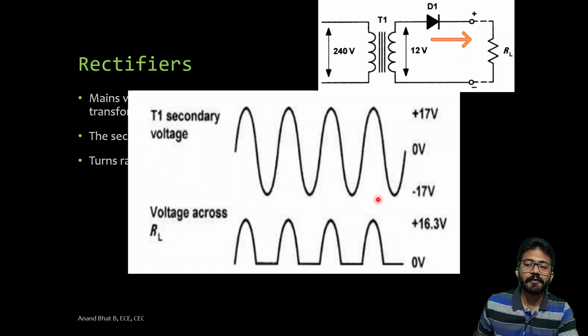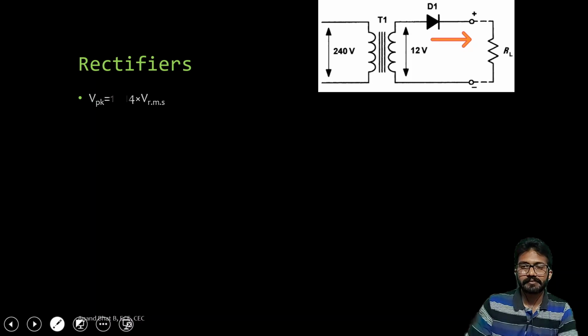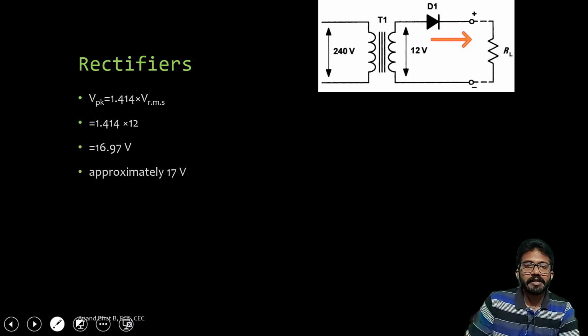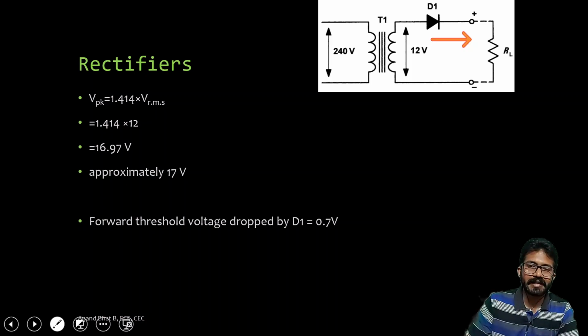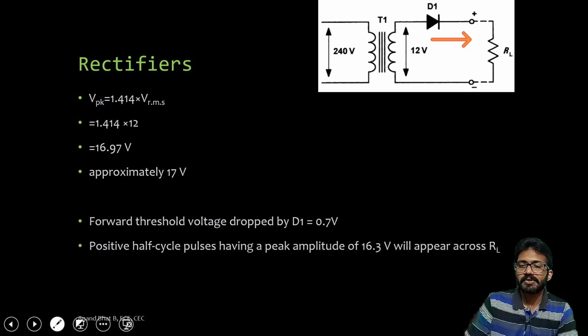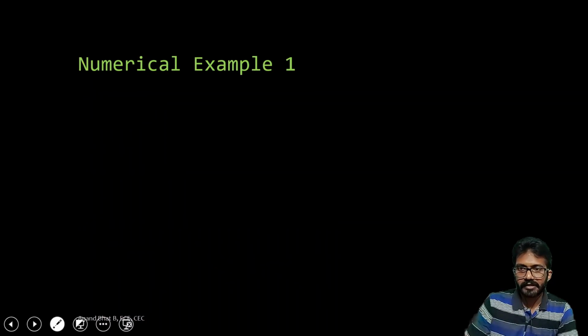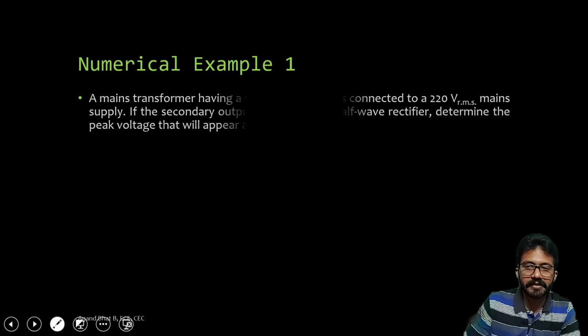So since half of the cycle is lost, we call such type of rectifier a half wave rectifier. So a numerical example is shown here of why those values in the waveforms were equated to these volts and diode drop is shown. Let us take one more example to understand this better.